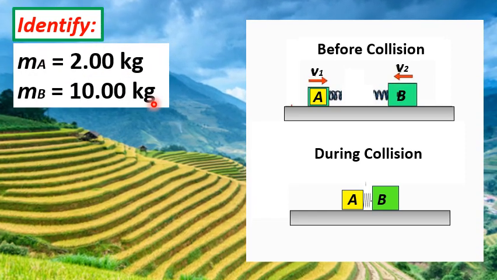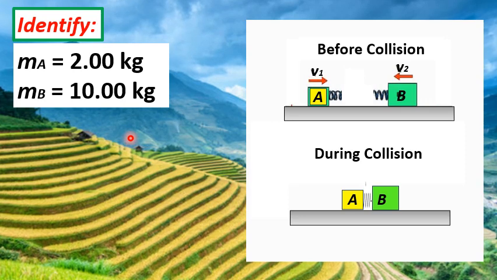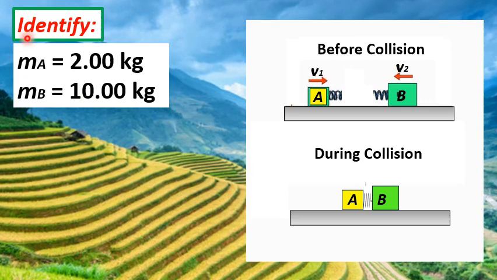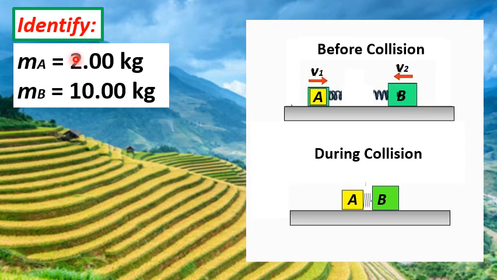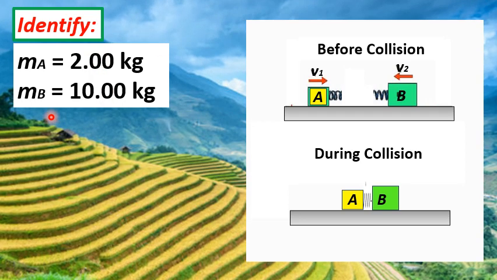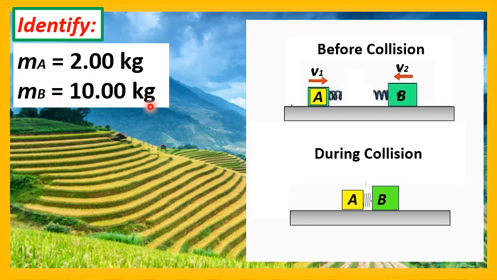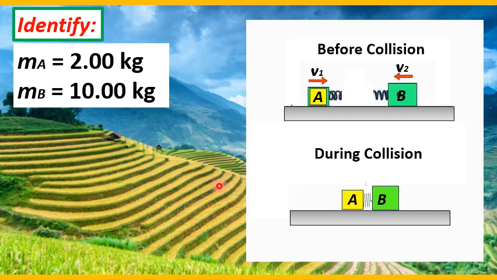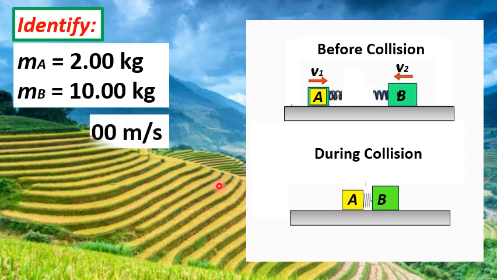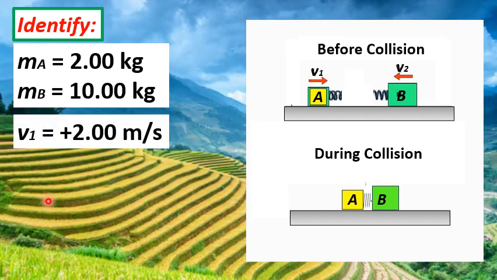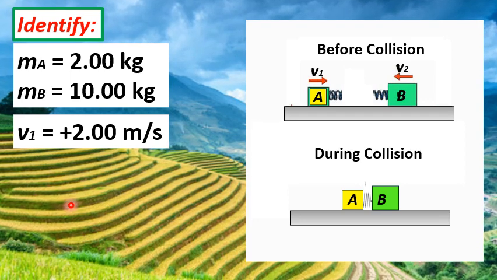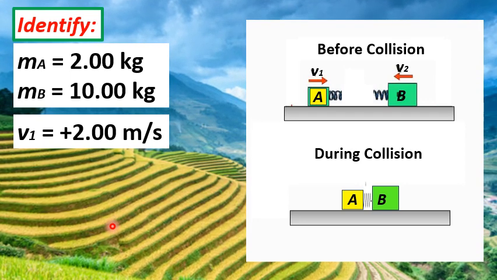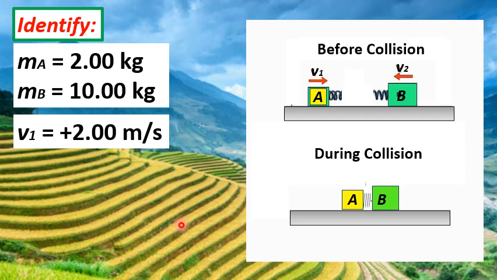We're given the mass of each block. For block A, it is 2.00 kilograms, while block B is 10.00 kilograms. And as shown in the figure, the velocity of block A before the collision, denoted by V sub 1, equals positive 2.00 meters per second.